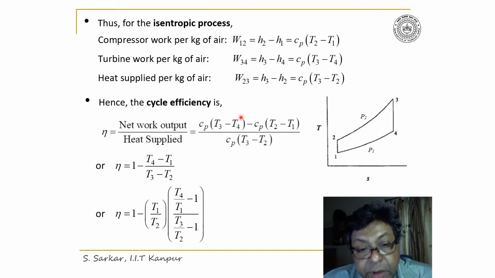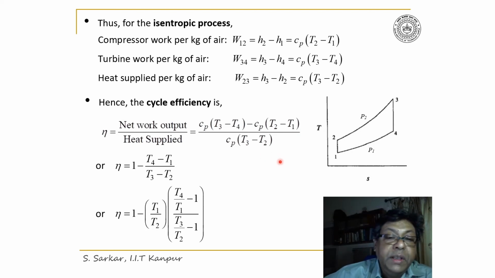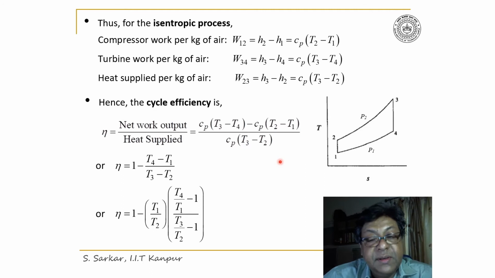So, turbine work minus compressor work divided by heat supplied. So, I have expressed it as Cp into (T3 minus T4) minus Cp into (T2 minus T1) divided by Cp within the bracket (T3 minus T2). Here, Cp is considered constant, but in reality Cp is a function of temperature, which I will express later.